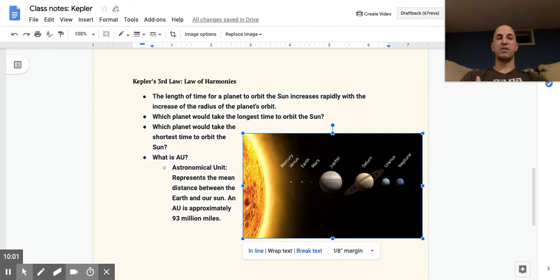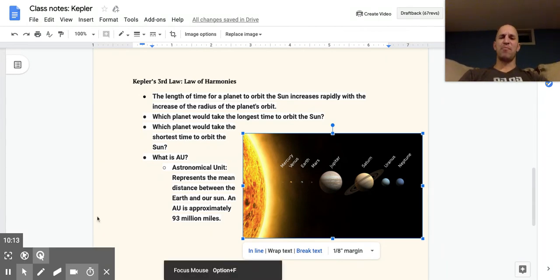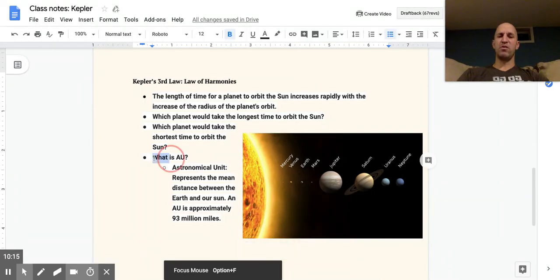So on the test, you would get charts showing you the number of Earth years it would take to orbit a sun, and you're just going to have to decipher that chart. Also, in these notes with the law of harmonies, I put AU in here. What is AU? I don't think we've covered this in class, but you might have seen it on some of your assignments. So what AU represents is astronomical unit.